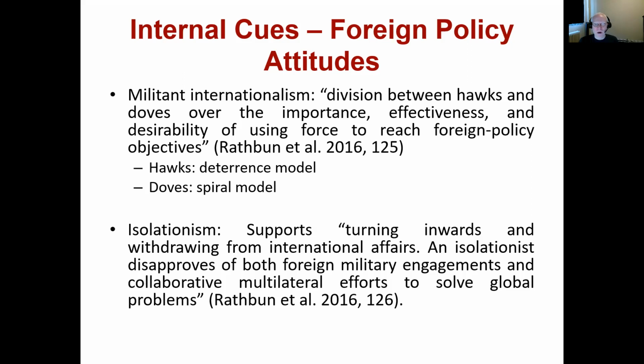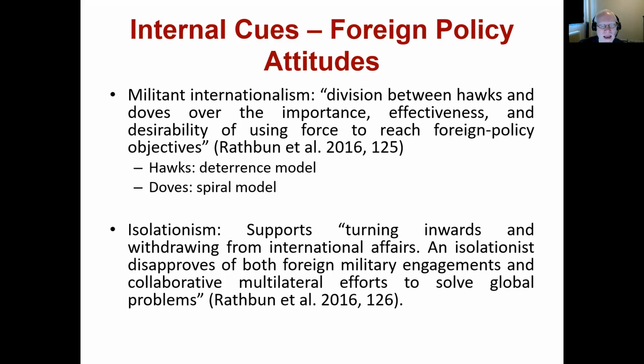Military is an important part of that toolkit because it's an effective tool. So using military force is often effective for reaching your goals. So for example, hawks believe that using military force can protect you from others challenging you. So being strong can make the state better off.